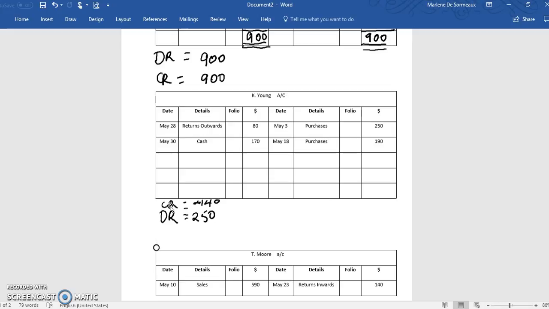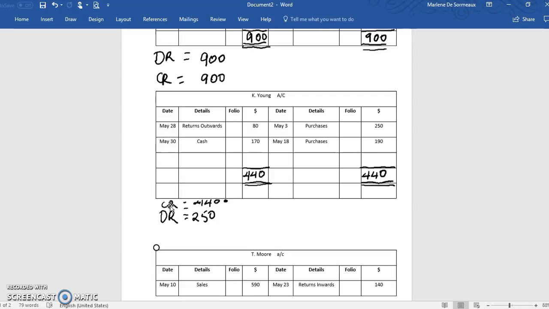So we're going to skip a line and it's going to be a double line here in the same column. You're going to take the larger value here, $440, and put it in the totals box on both the credit side and the debit side.